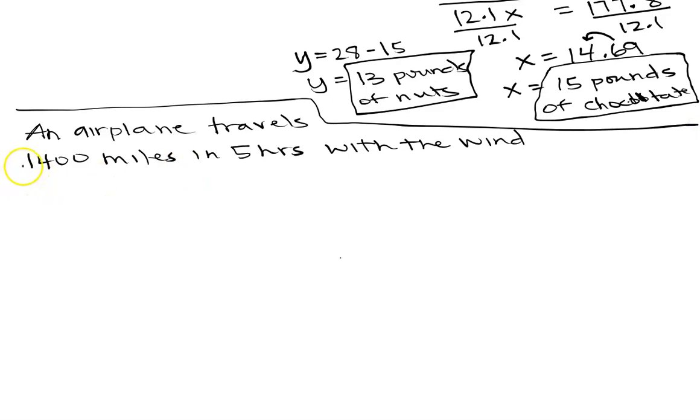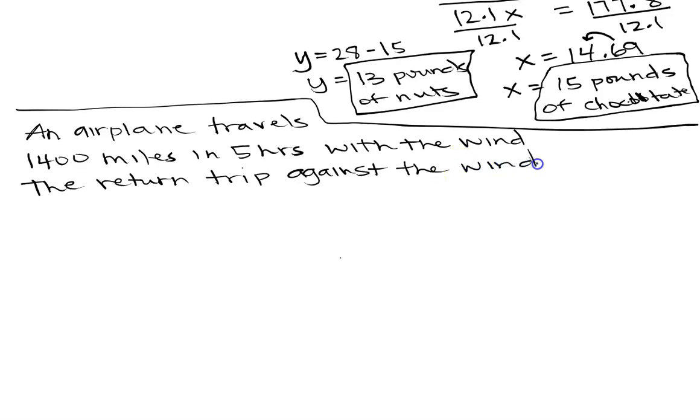Okay. The return trip against the wind takes 7 hours. What is the speed of the wind and the speed of the plane in still air?